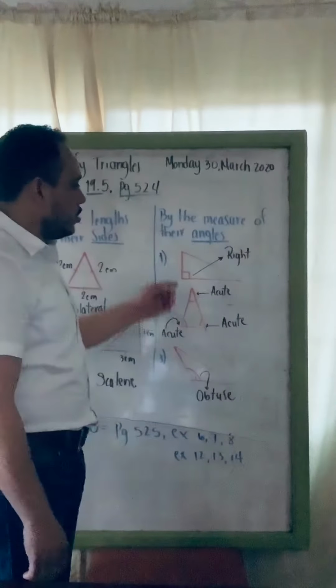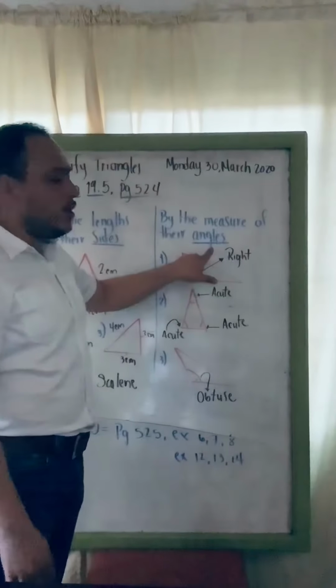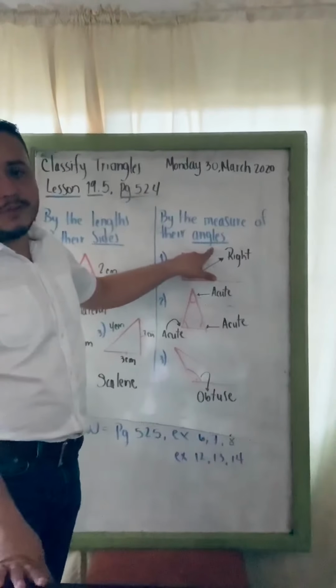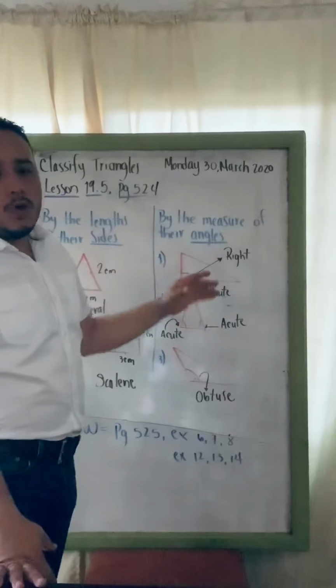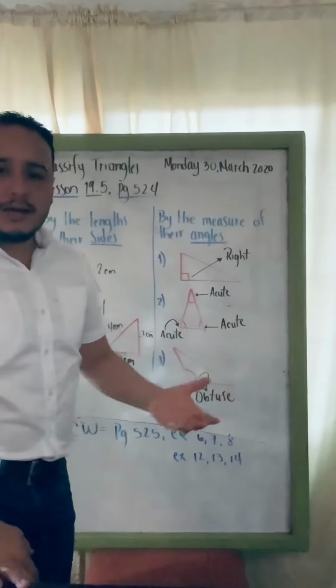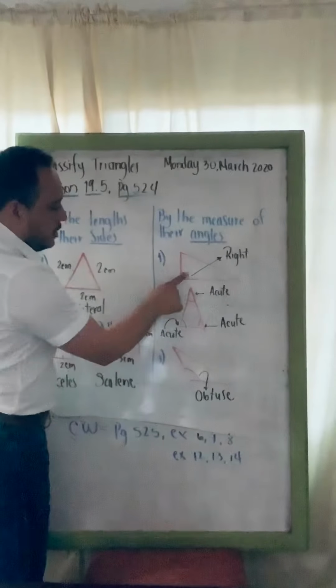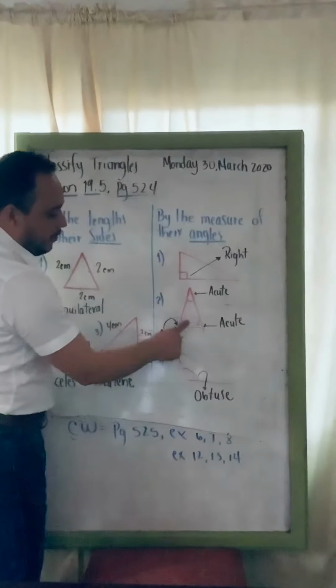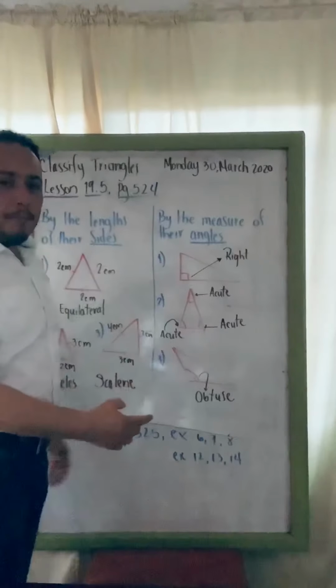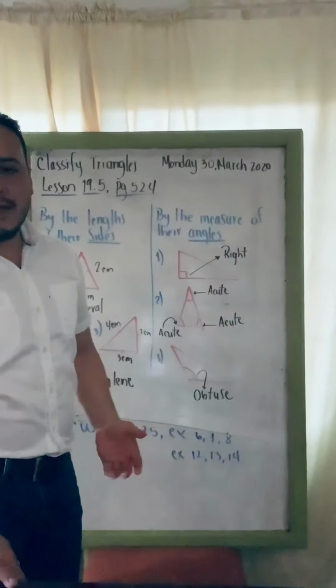The other division is by the measure of the internal angles of the triangle. In this case, you need to analyze what angles make up the triangle, and then based on that, name it.